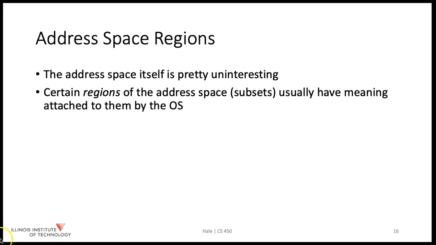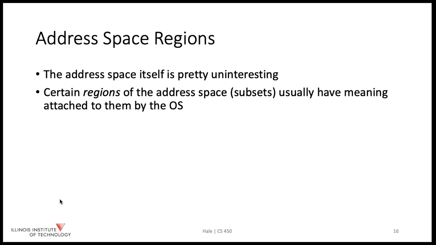Okay, so on to more virtual memory stuff. So we talked about address spaces in a pretty high level way. I wanted to dive into that a little more and talk about the regions that comprise an address space. Okay. So the address space itself is pretty uninteresting, right?